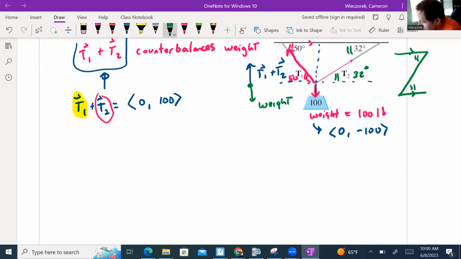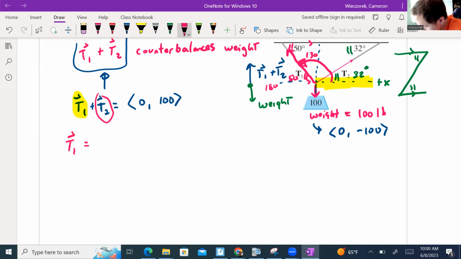And remember, why do I care about that angle? Because I'm trying to measure from the positive x-axis. So I need to be measuring from here. That'll help me. So I know T2 has an angle of 32. T1 is going to have an angle of 180 minus 50, because there's 180 over here. So this is going to end up being 130 for T1.